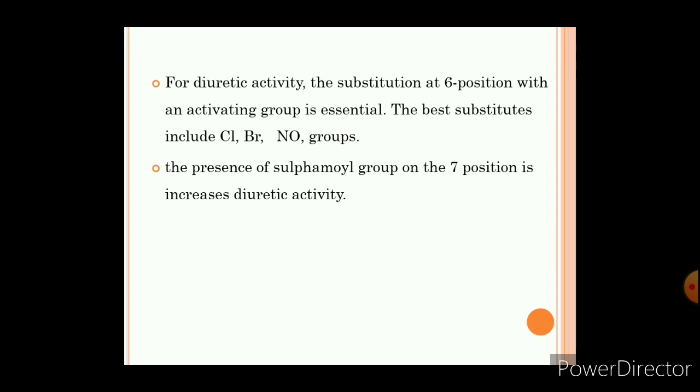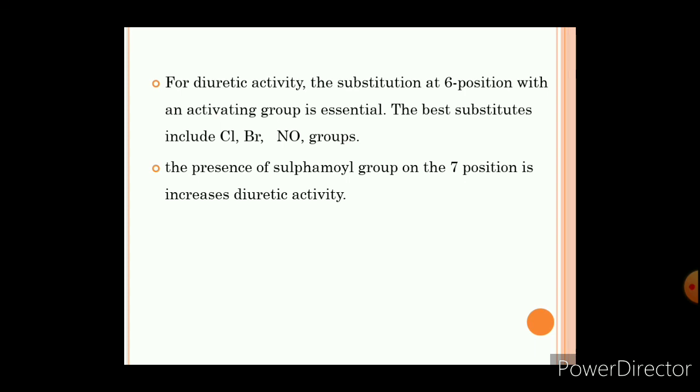Next, for diuretic activity, substitution at the 6th position with an activating group is essential. The best substituents include chlorine, bromine and nitro group.